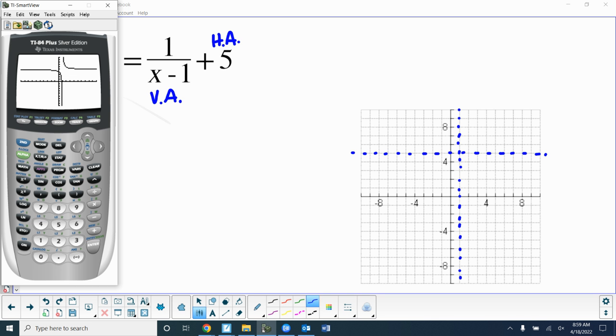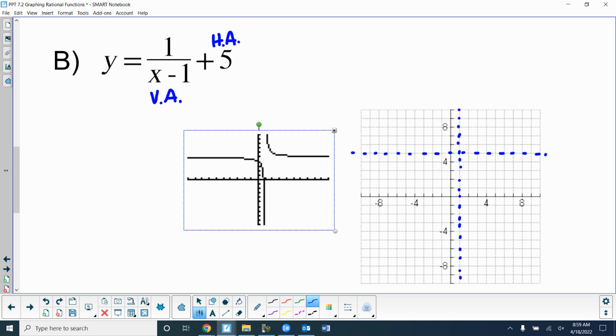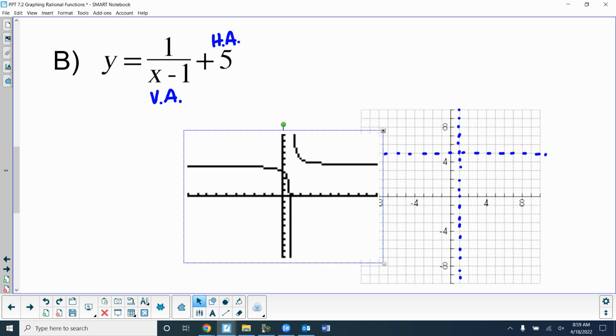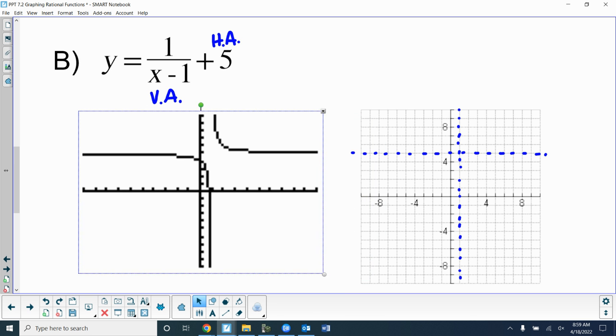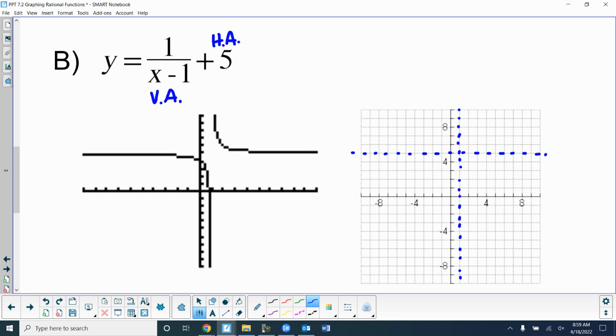Okay, if I move this out here and make it bigger, and draw those in. Okay, we said what? 1. Right here looks like the 1.